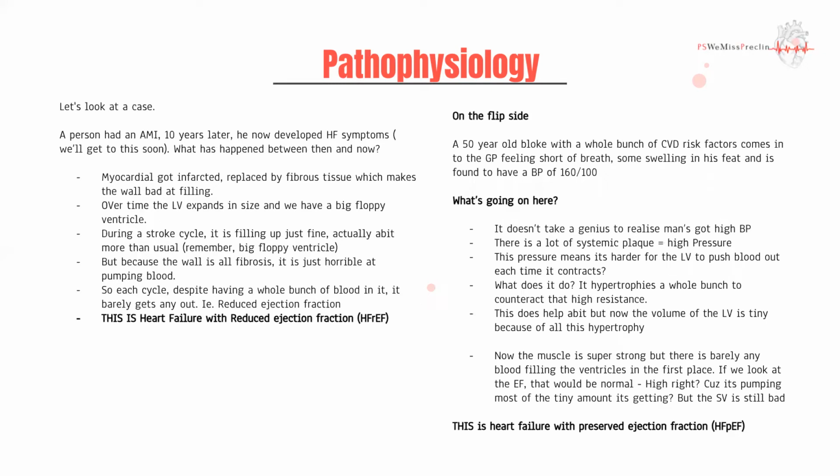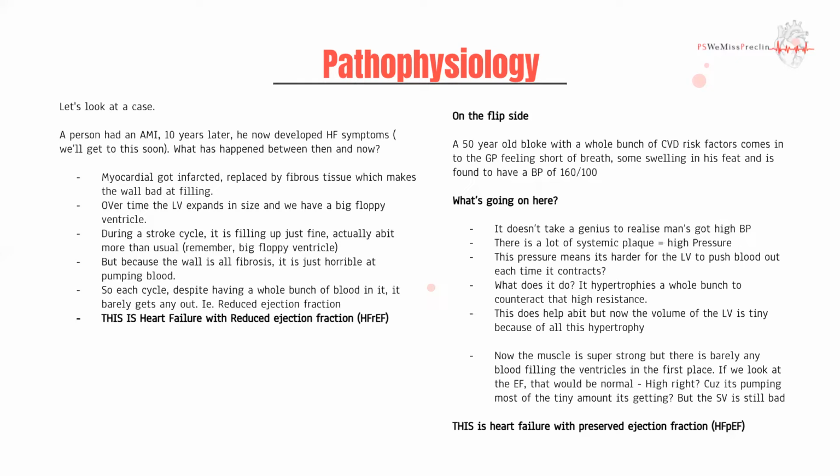It's still filling up more than what it probably should, but because it can't contract, because it has big floppy ventricles, you're not going to get much of that blood out, which is why you're going to have a reduced ejection fraction, right? Does that make sense? Because again, a lot of volume of blood, but you can't get much of that out. So the fraction of what you can get out is going to be reduced.